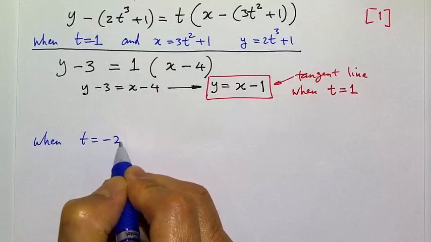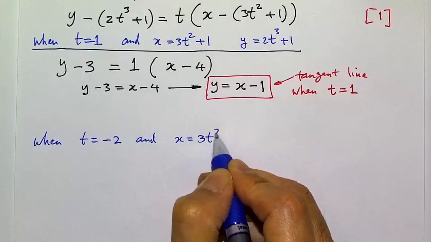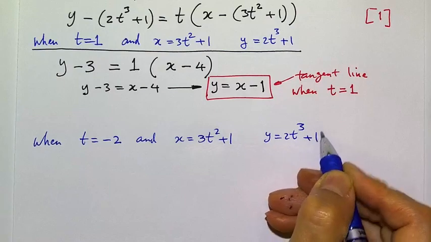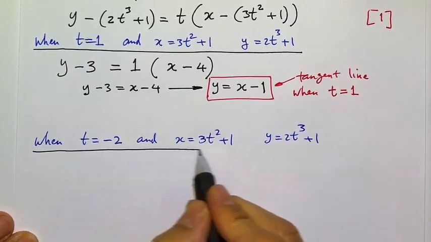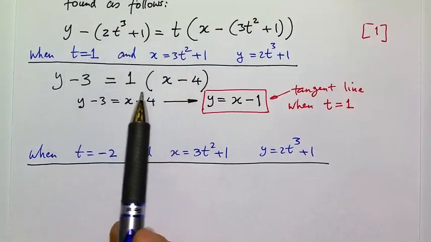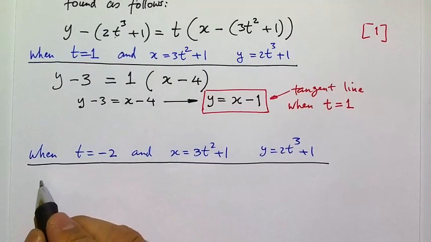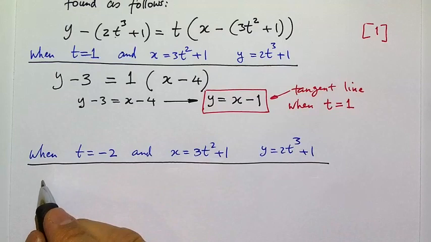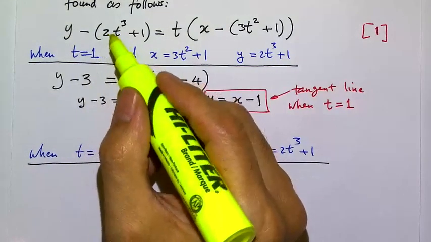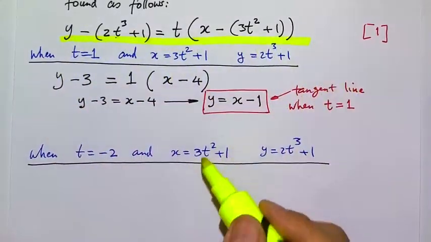So when t equals negative 2, and x equals 3t squared plus 1, y equals 2t cubed plus 1. Again, we're going to calculate this equation for when t this time equals negative 2. So this is our equation.